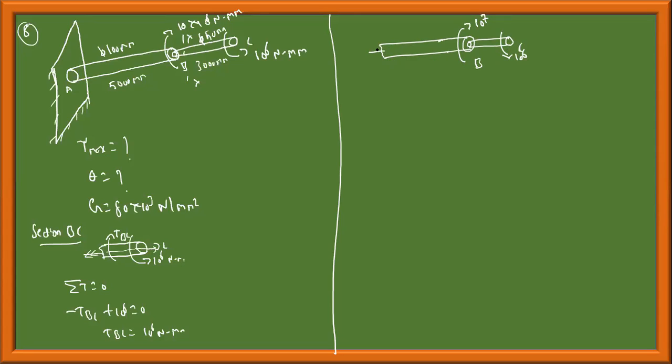This torque I will always take as the torque acting away from the cross section. This is TAB. Summation of torque should be equal to 0: minus TAB plus 10 power 7, sorry, minus TAB is acting like this in the opposite direction, minus 10 power 7. This is plus 10 power 6. If you curve your fingers along the length of the shaft, if your torque is in anti-clockwise direction, as in this case, then it is positive. If it is in clockwise direction, then it is negative. That you remember.